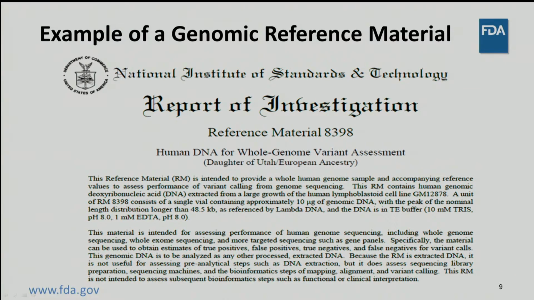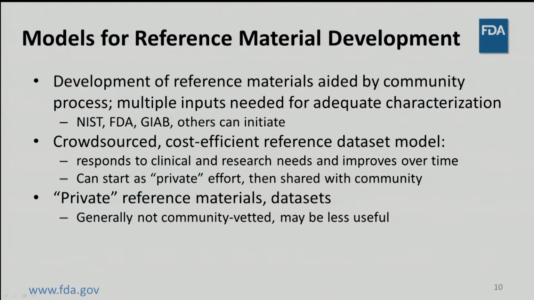Through the Genome in a Bottle Consortium activities, we learned that development of reference materials is very much aided by a community process, which provides multiple inputs from different test systems, informatics approaches, and methods to resolve differences in variant identification. We think that one type of model is cost-efficient and relies on a type of crowdsourcing where everyone contributes.